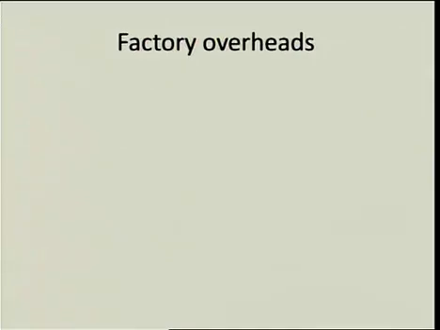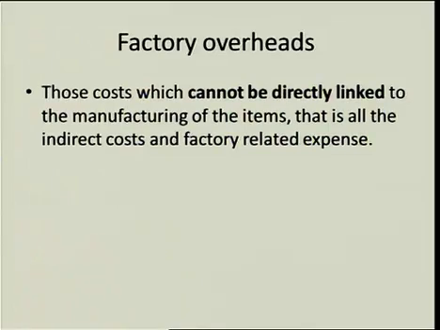Then we have factory overheads or factory overhead costs. And what are these? These are costs that cannot be directly linked to the manufacturing of the item. Okay, and what we do here is we put all our indirect costs. So we'll say all our indirect items will go in there. So there you have indirect costs and factory related expenses.